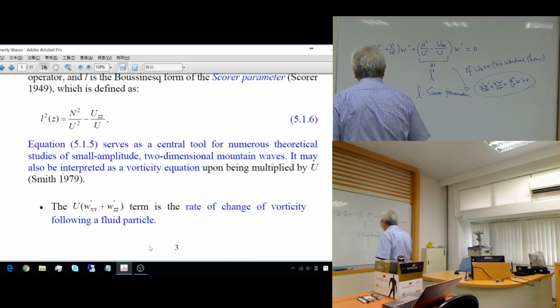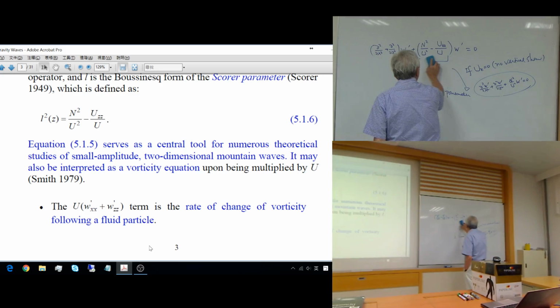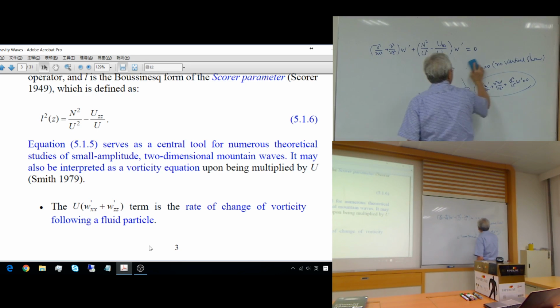How do you interpret this as a vorticity equation?